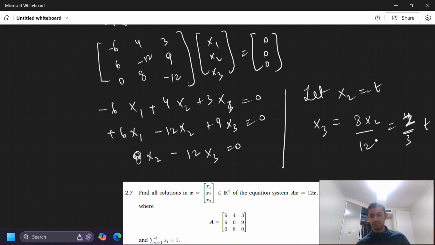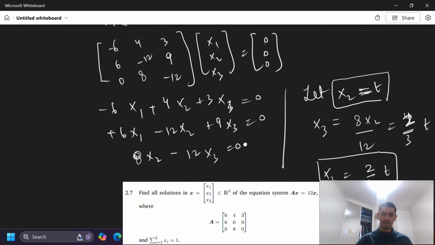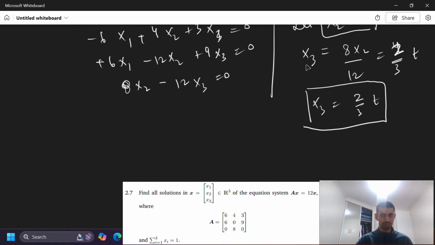Yes. So if x2 is t, oh my bad, I hope they don't confuse this for negative. No, it's not negative. x2 is t, then x3 is 2 over 3 t. And let's calculate x1, put it in any one of these equations. I'll use the second one.